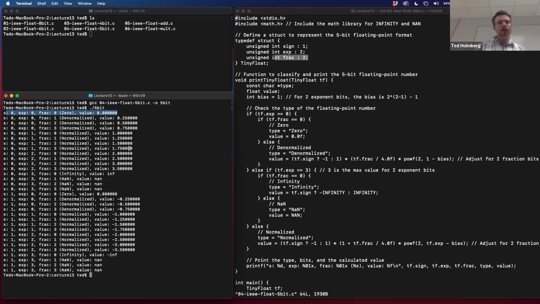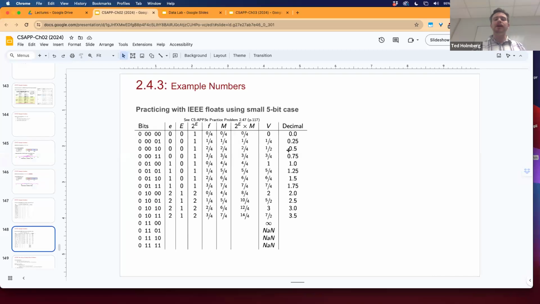Okay, so if you look at these values, 0.25, 0.5, 0.75, 1, 1.25, 1.5, 1.75, 2, 2.5, 3, 3.5, that's the max number we can get to with 5 bits. And so here you see that that maps quite cleanly to what the book gives you. So this is just some source code that I think helps supplement what the book gives, so you don't have to just trust it, you can actually see the code that represents these very tiny floating point representations.